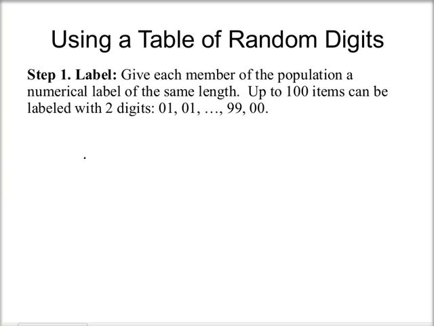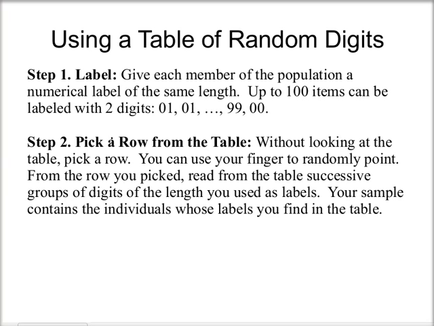So if I've got up to 100 items, they can be labeled with 2 digits, so I can label them 01, 02, 03, all the way up to 99, and then 00. That gives me 100 labels that are all 2 digits long. If I had more than 100 items, anywhere up to 1,000, then I'd need to use 3-digit labels.